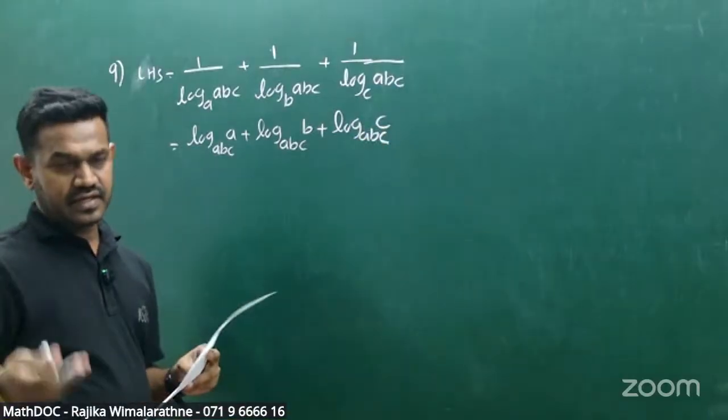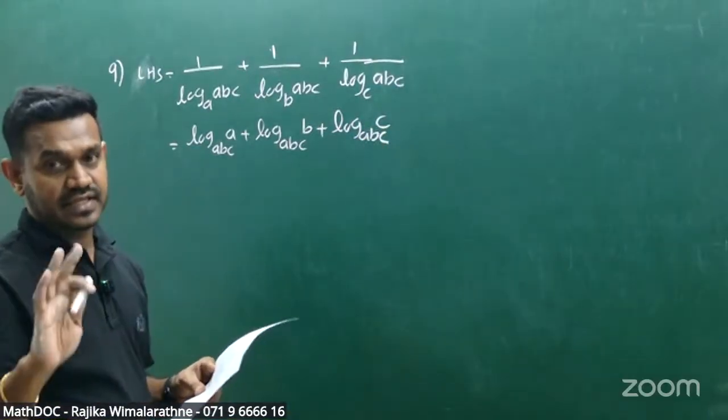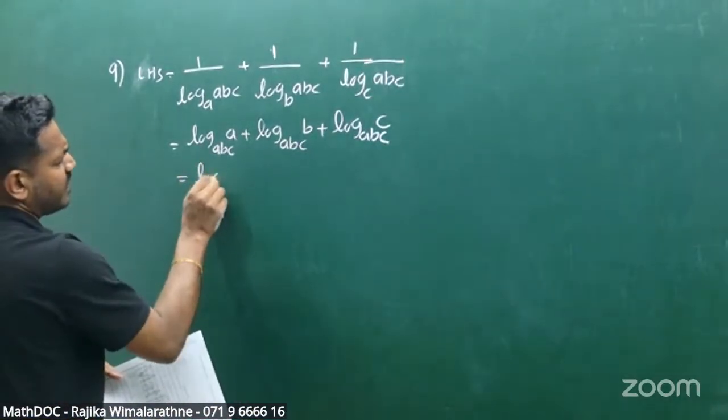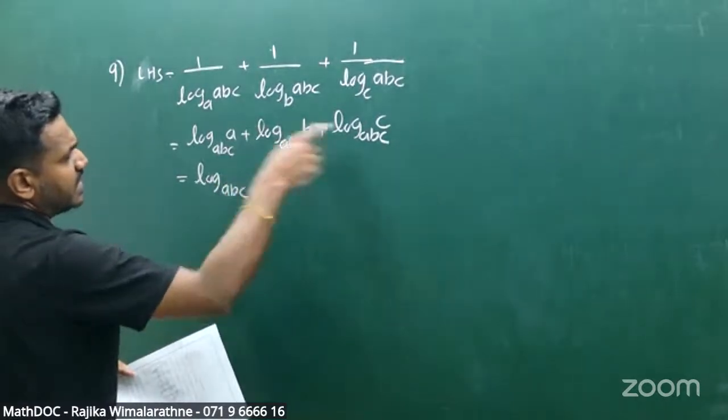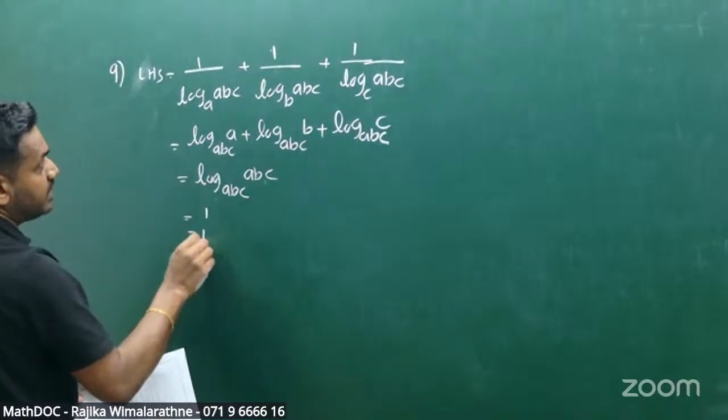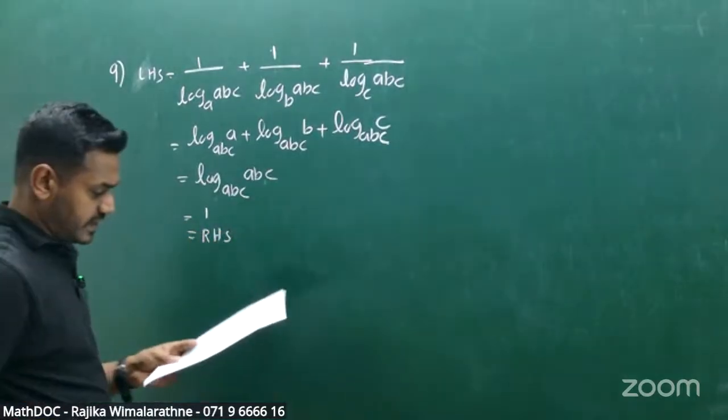When we take them into the numerator, we can interchange base and value. Then log addition means product. Log abc, here write as product abc, in same base, same value, gives 1, which equals the right hand side. That is question number 9.